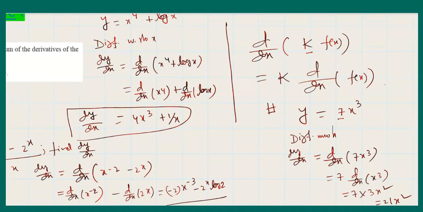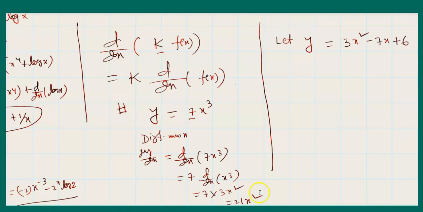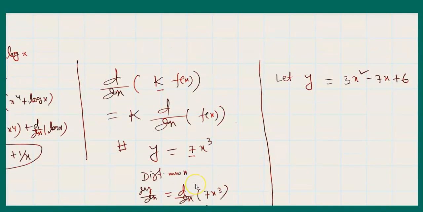Now let us see how these two rules can be combined, the sum rule or difference rule and this constant one. Like, let y equal to 3x square minus 7x plus 6. And another thing you should remember, the sum rule whatever you have used, it can be extended for more than 2 functions also.